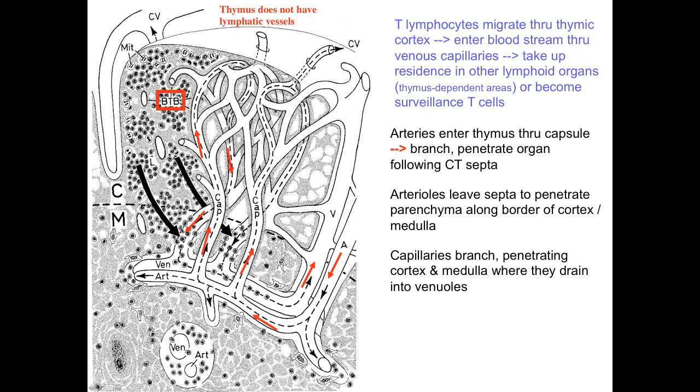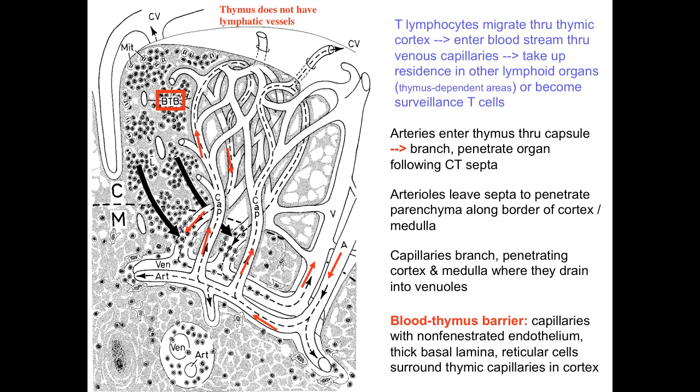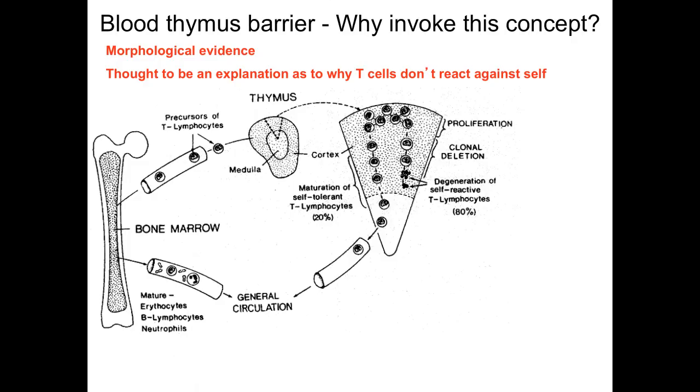We define this blood-thymus barrier because the capillaries in the thymic cortex have non-fenestrated endothelium, they have a thick basal lamina associated with them, and they are surrounded by thymic reticular cells in the cortex. Why do we invoke the concept of a blood-thymus barrier?